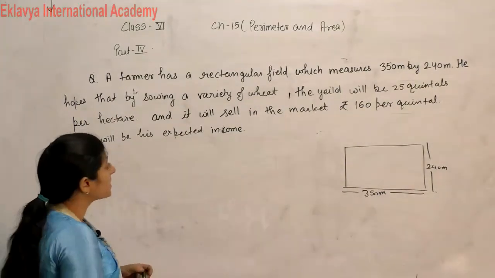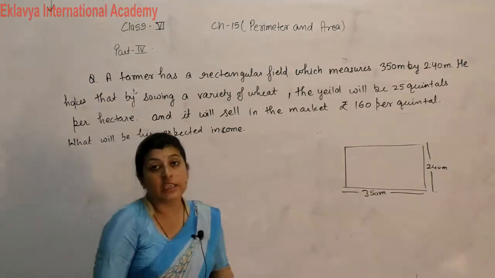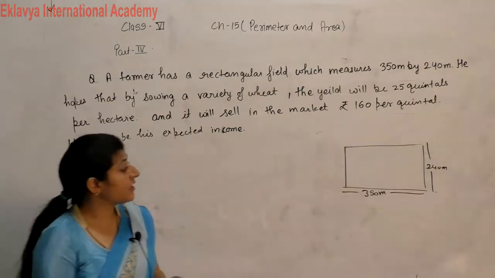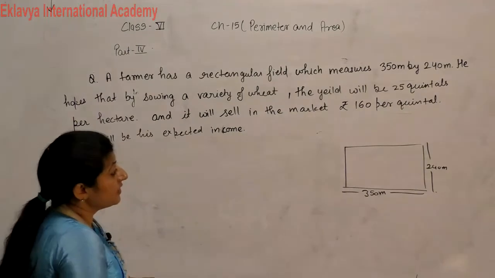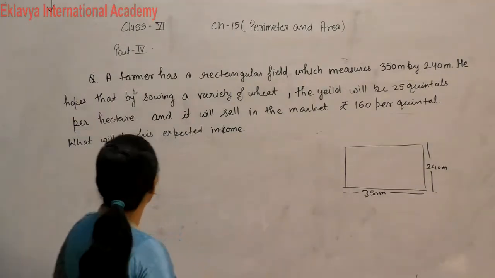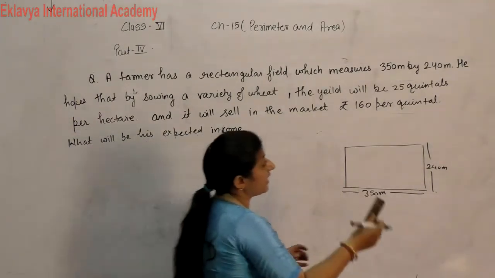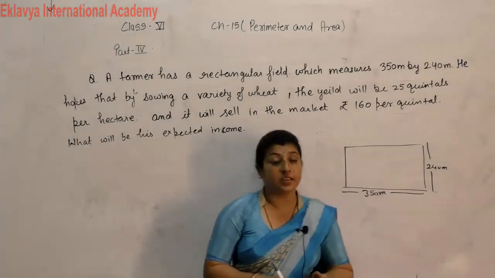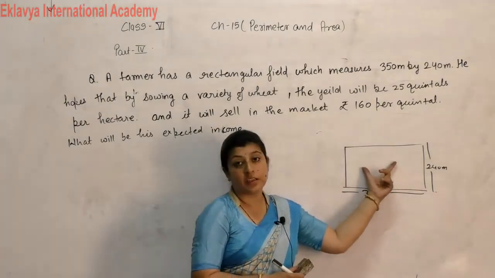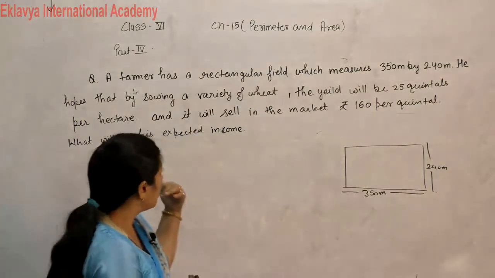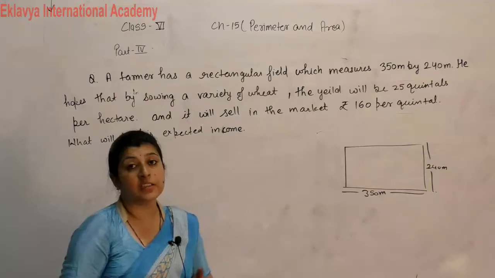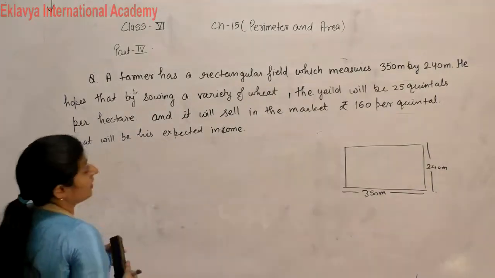Then what will be his expected income? See, firstly, in this rectangular field, in how much area can the farmer yield the wheat? How can he do that?